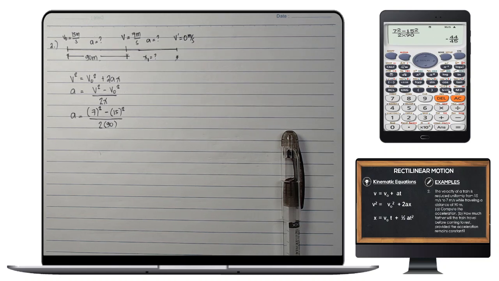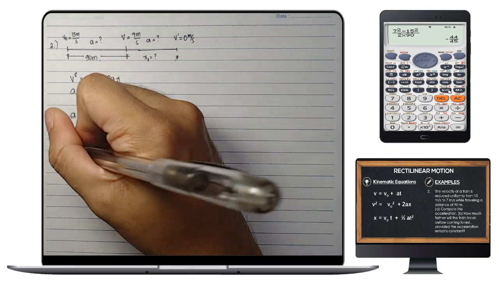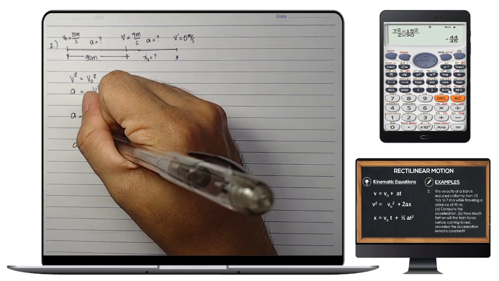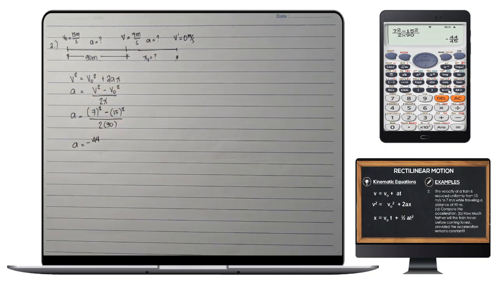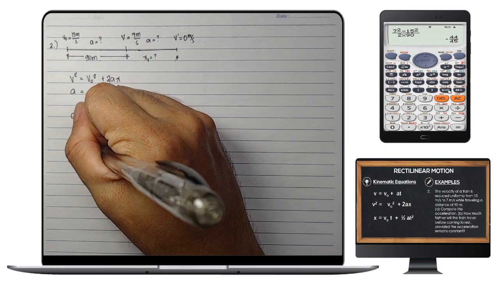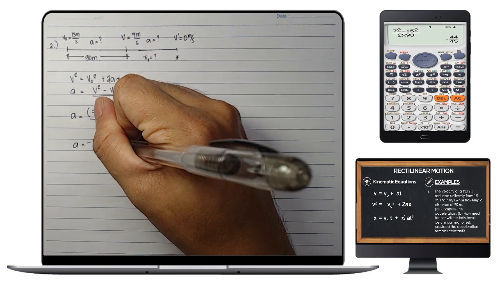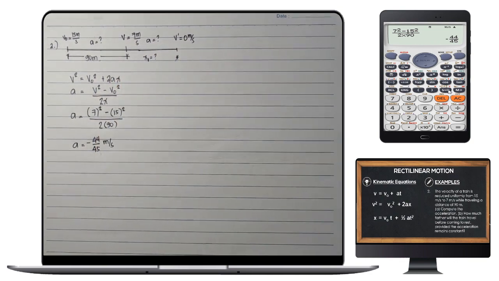So I will use negative 44 over 45, or 0.9777 meter per second squared. Notice that is negative, meaning to say that our train is decelerating, or it experiences negative acceleration. It slows down.